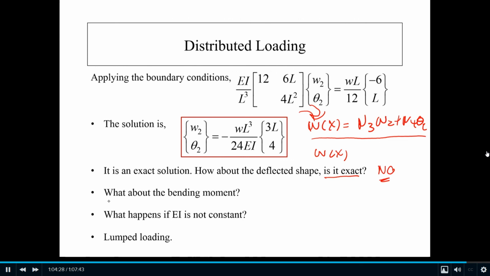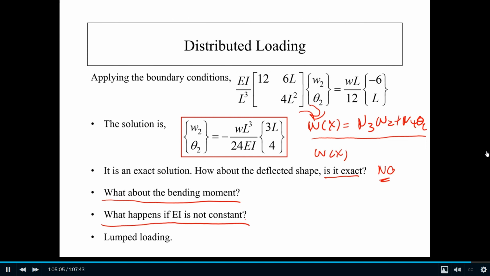I leave you the question here about the bending moment, whether it's exact. And what about if EI is not constant? This one maybe you can answer now: use more elements, because the element can handle only the assumption of constant cross section, or constant EI.